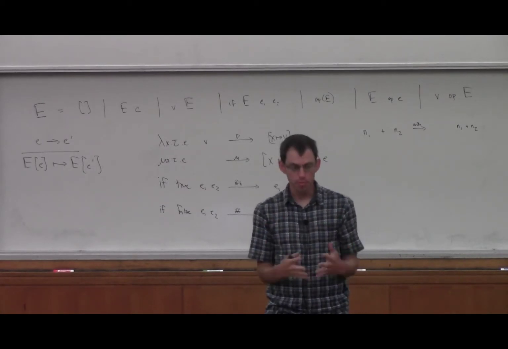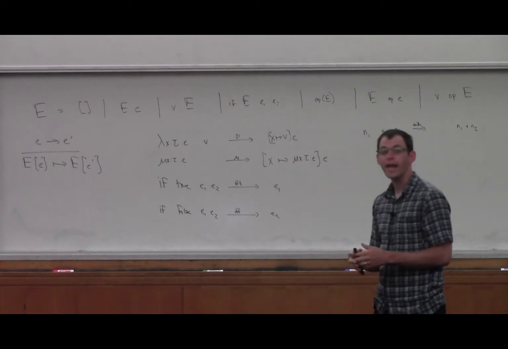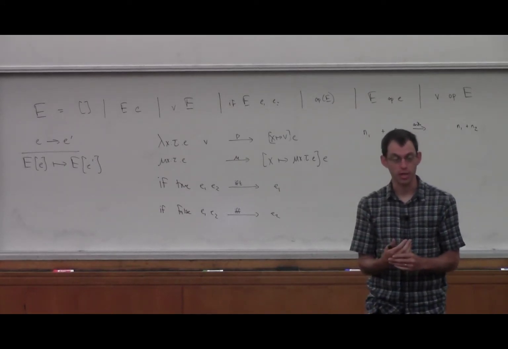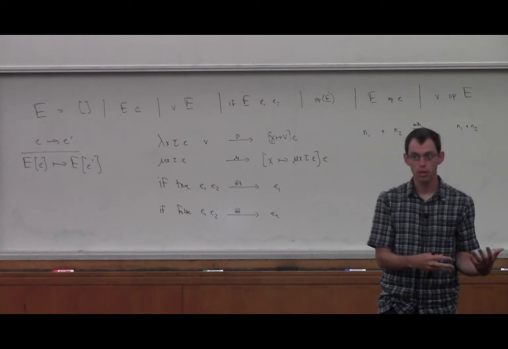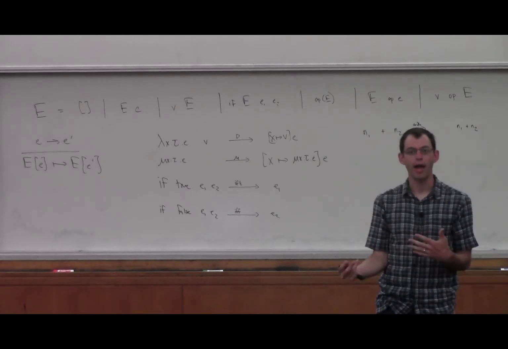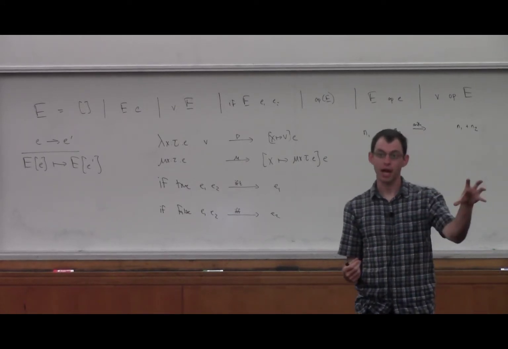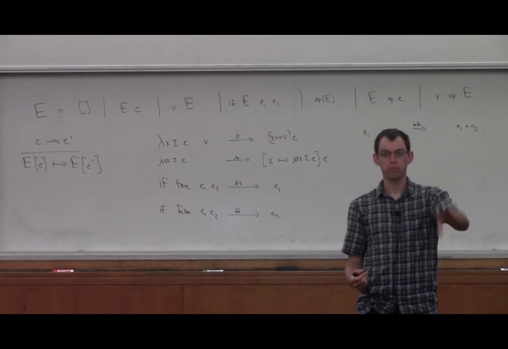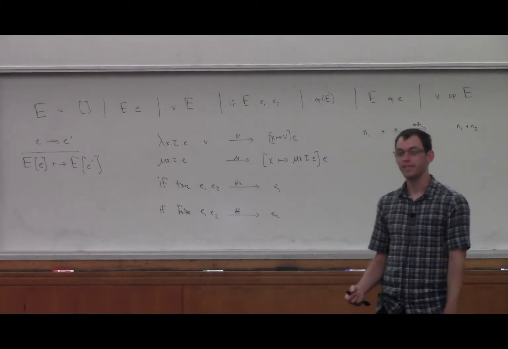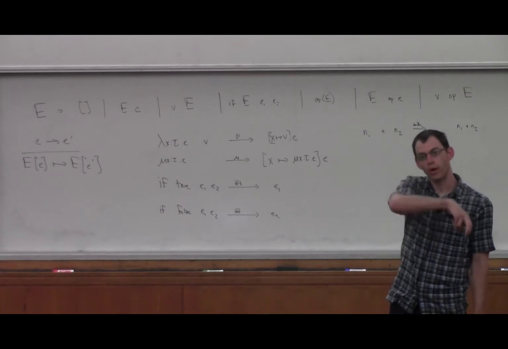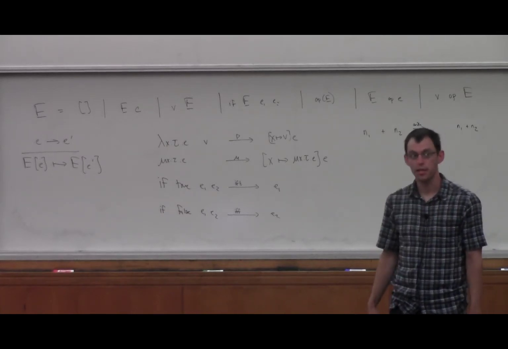And we can write down, although I'm not going to here, a plug rule that takes a context and a term and produces a bigger term by putting the term where the hole is in the context.